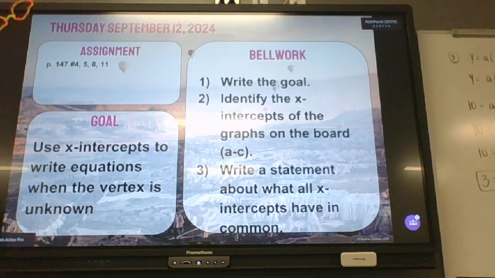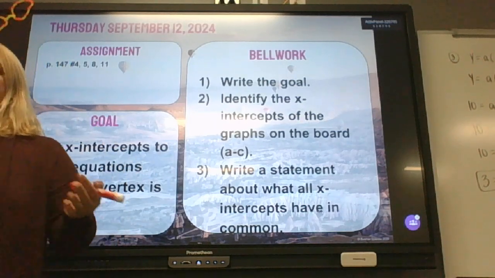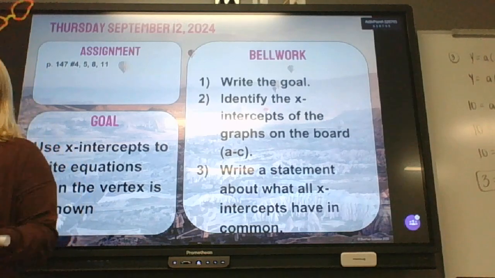This is what's important: they have y values of 0. That's why I went out of my way to write the points, because when you're on the x-axis, your y value is 0. You see all the zeros I wrote in those points? So if the y value is 0, you are looking at an x-intercept.